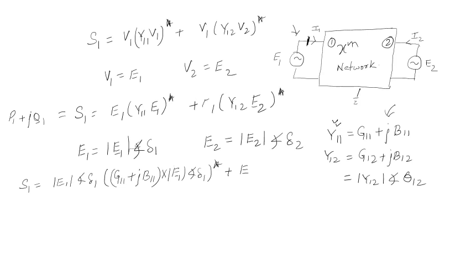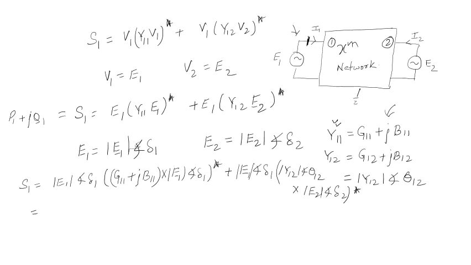This is E1. Now here I will write magnitude E1 at an angle delta 1, multiplied by, I'll put this in angular form because of something I'll tell you, Y12 at an angle theta 12, multiplied by E2. E2 is magnitude E2 at an angle delta 2. Okay, and why I'm putting it like this, check here.